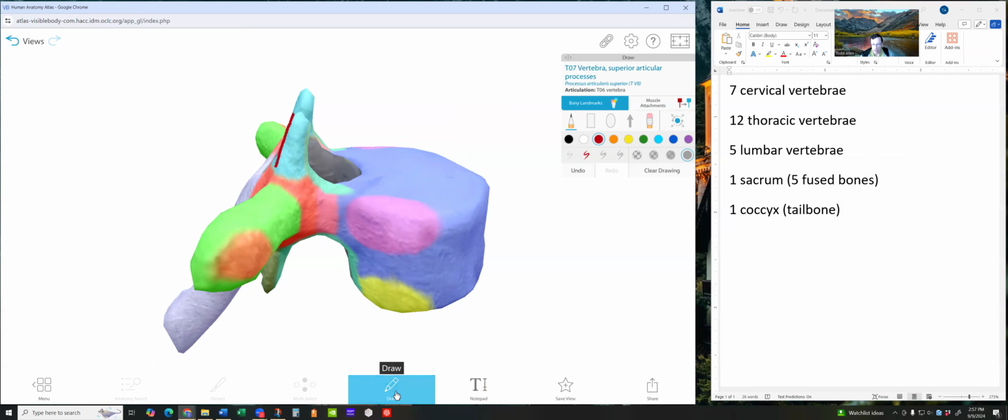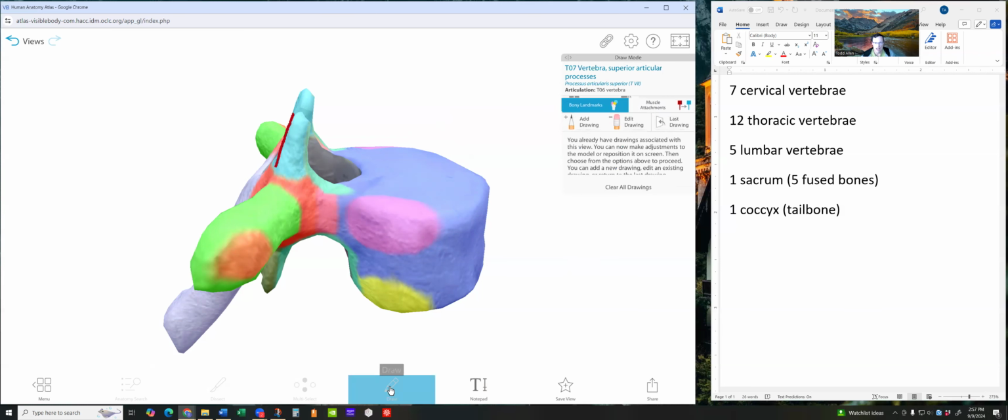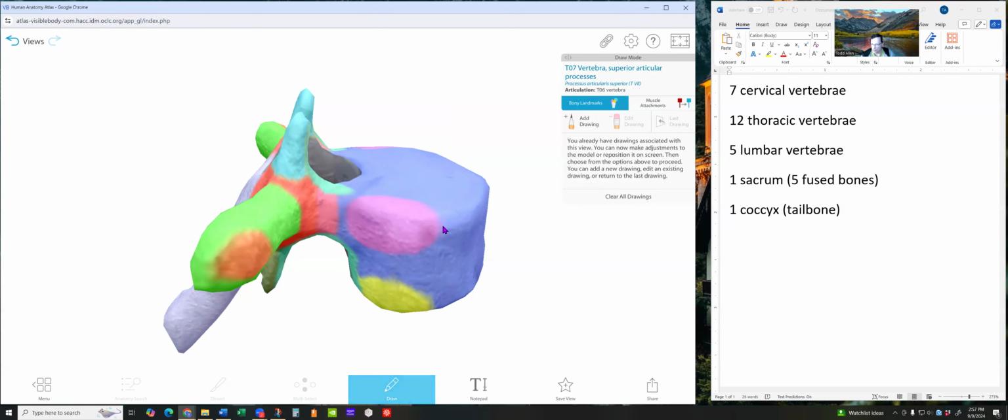Now, why does this matter? It matters because, let me clear my drawing here, the superior articular process, really the facet, the surface of the process of a vertebra, a bottom vertebra, is what interfaces with the inferior articular facet of a vertebra that sticks on top of it and stacks.